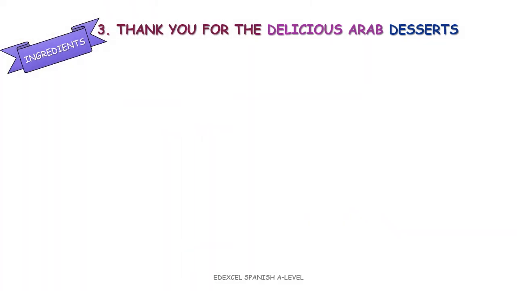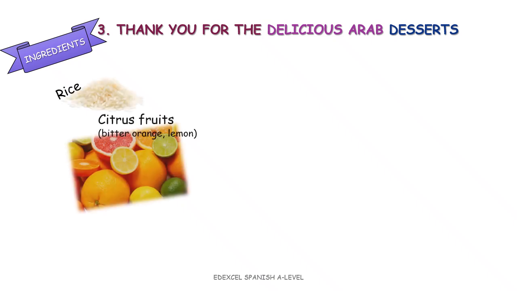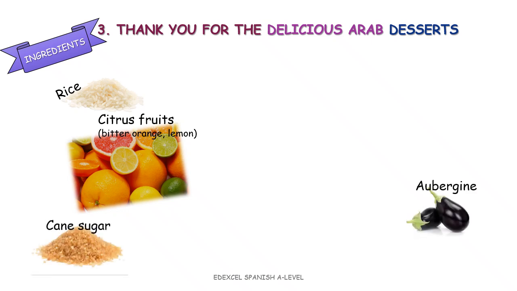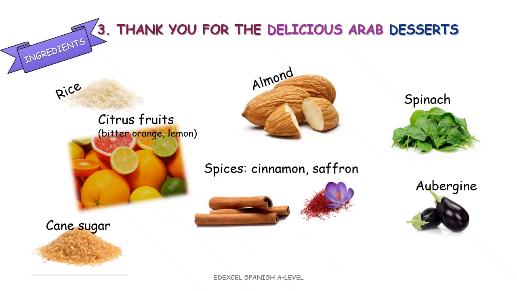The Andalusis brought or popularized across the peninsula foods like rice, citrus fruits such as bitter orange, lemon, cane sugar, aubergine, spinach, almonds, spices like cumin, cinnamon, saffron, or coriander, and herbs and flavors such as mint and orange blossom water.